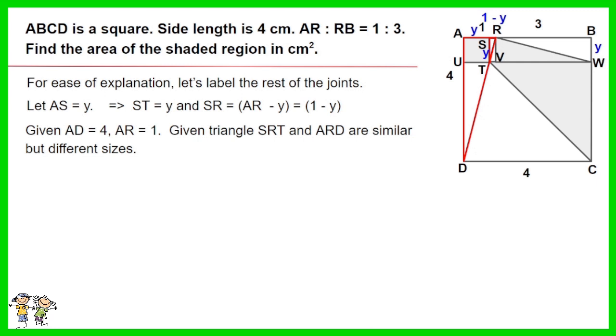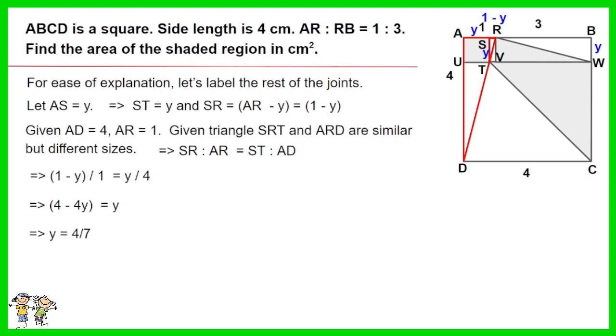Given triangle SRT and ARD are similar but different sizes. Thus the ratio of SR to AR equals ST to AD. As such, 1 minus Y equals Y over 4. Work out the equation, you have Y equals 4 over 7.